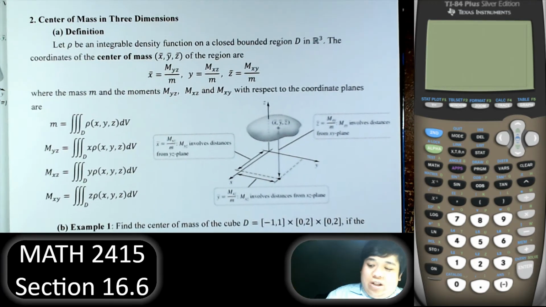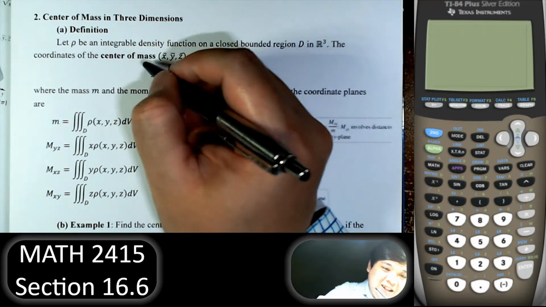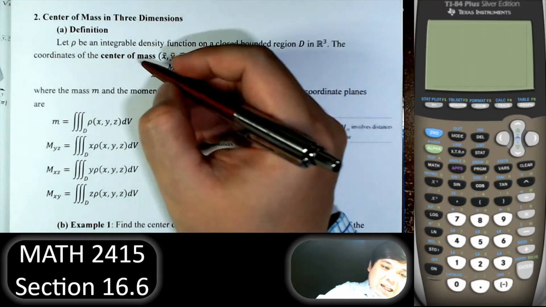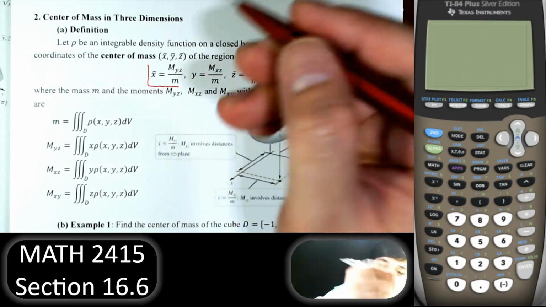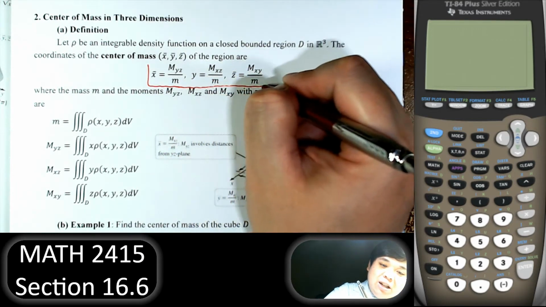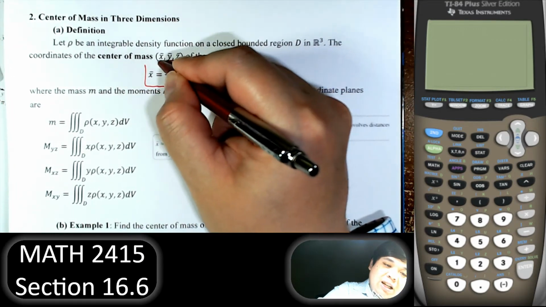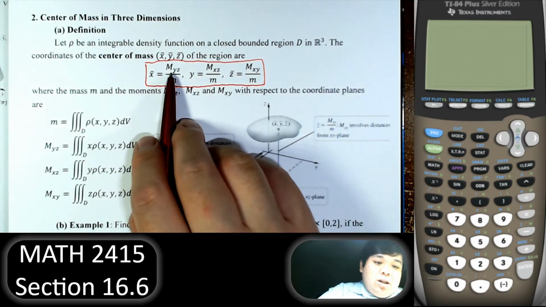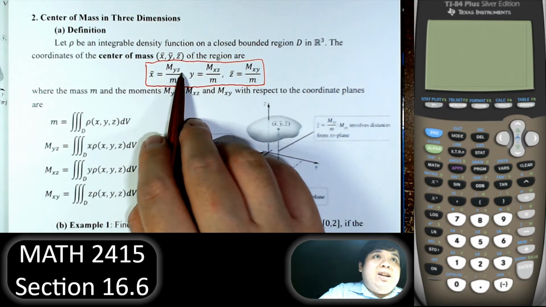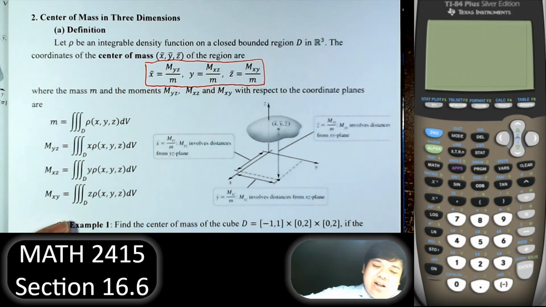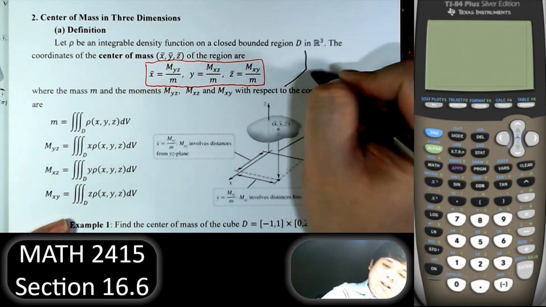Now, so the center of mass, of course, rho is still density, all of that, but now x bar is the moment about the YZ plane. So the difference in 3 dimensions is in 3 dimensions.